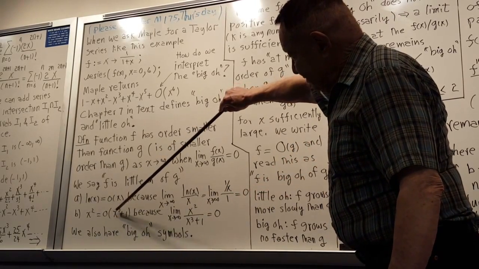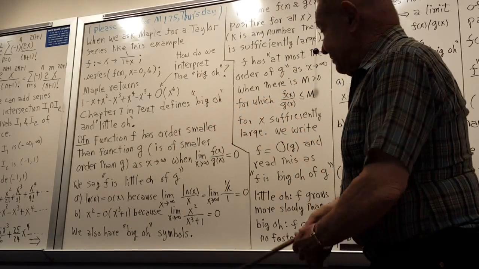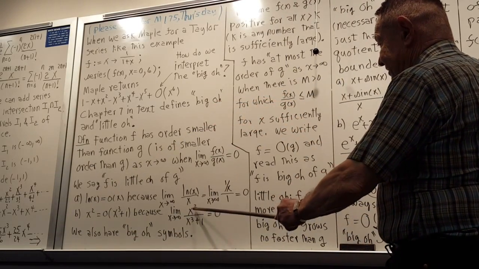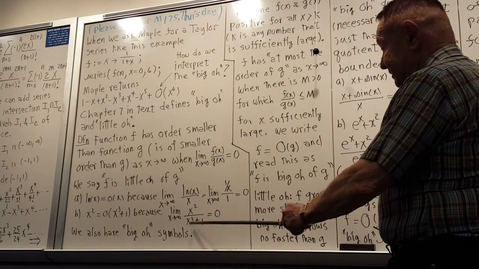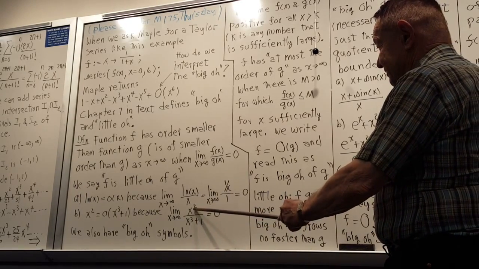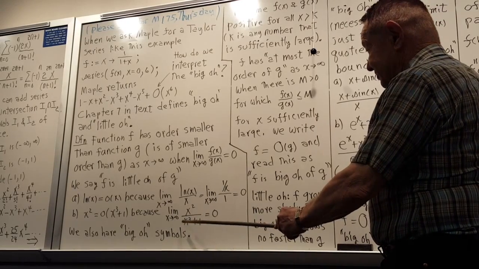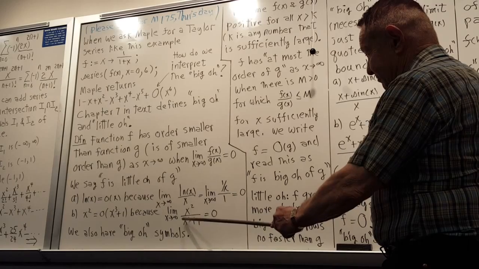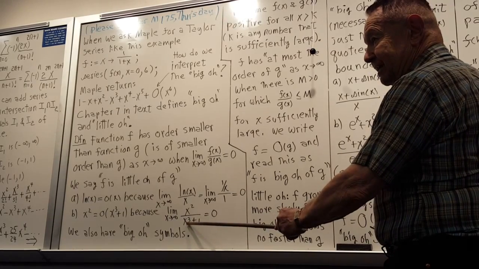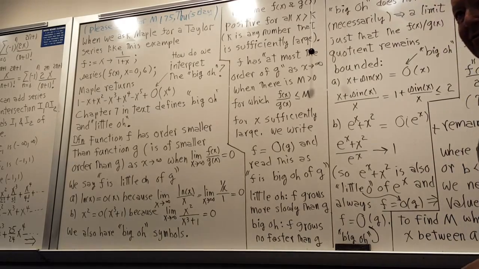Notice this polynomial has higher degree than that. So again, if you set it up as a L'Hopital rule limit, you could either do a couple of derivatives and take the limit and get 0, or you could divide top and bottom by the highest power here, by x cubed, and see that your limit is 0 that way.